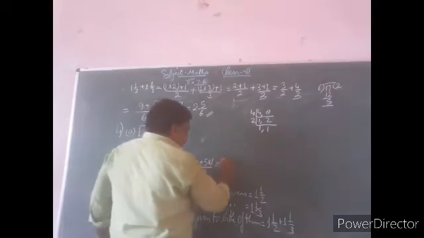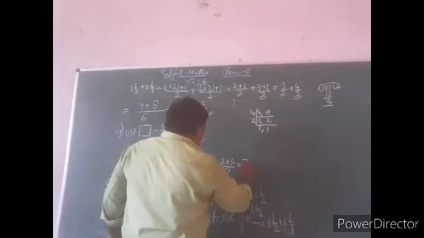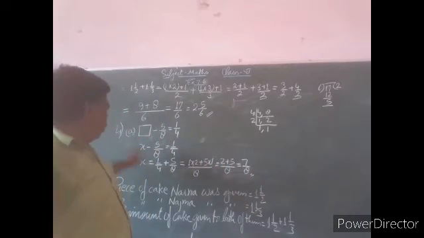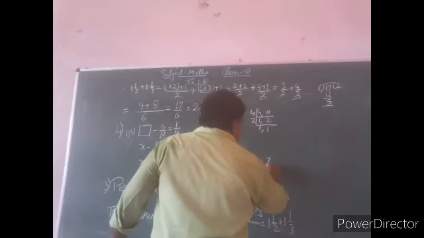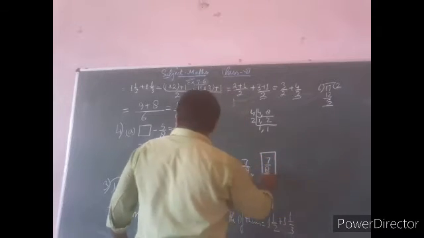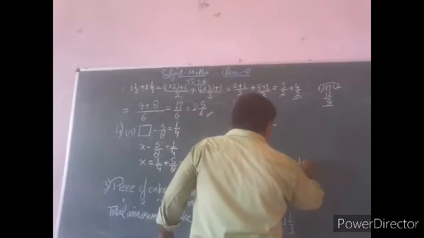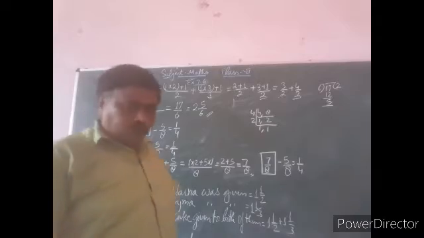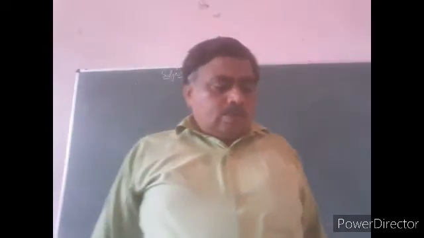So 1 2s are 2 plus 5 upon 8 equal to 7 upon 8. So the box will be 7 upon 8, 7 upon 8 minus 5 upon 8 equal to 1 upon 4. Now question number 5.